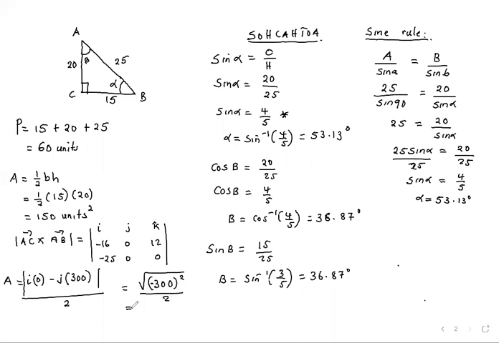So the square root of 300 squared. 300 squared you get 90,000, then you square root it. You get 300. So you have 300, then divided by 2. You get 150 units squared.